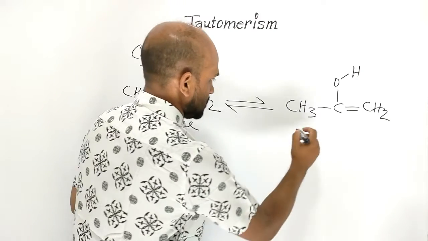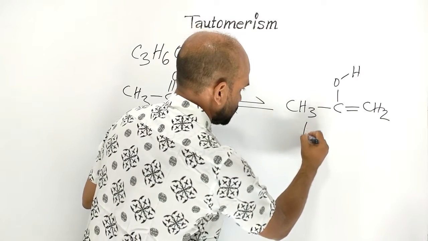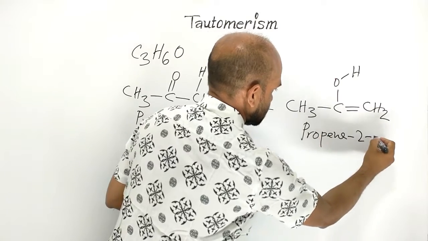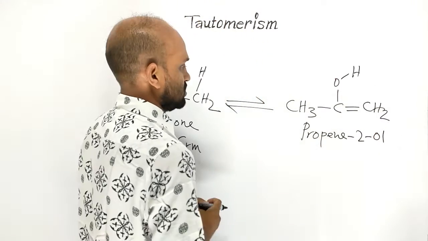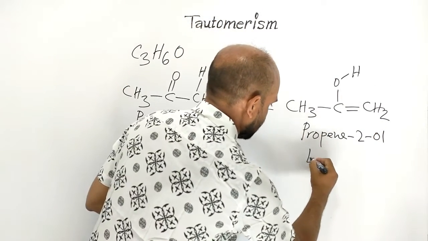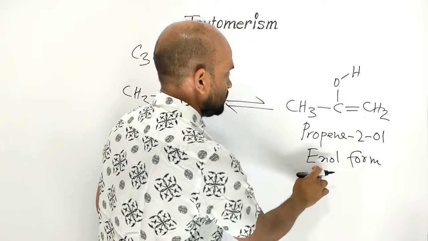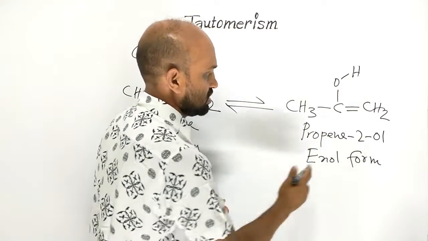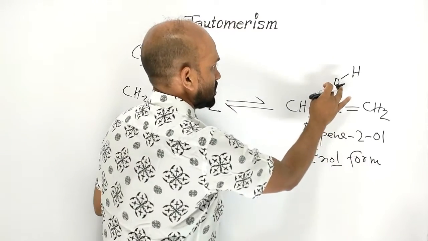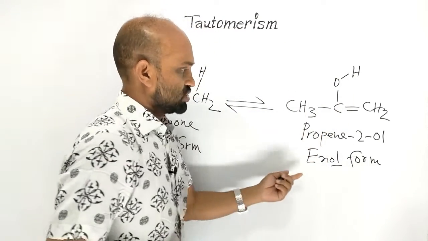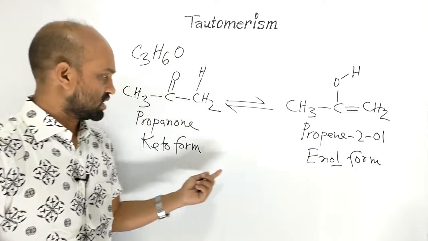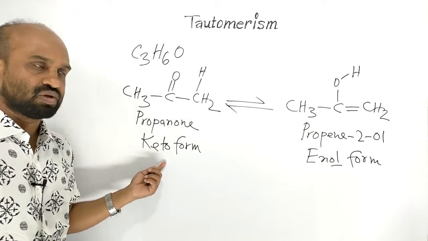Its name is propene-2-ol. This is enol form. En from alkene and ol from alcohol. So this is enol form and this is keto form.